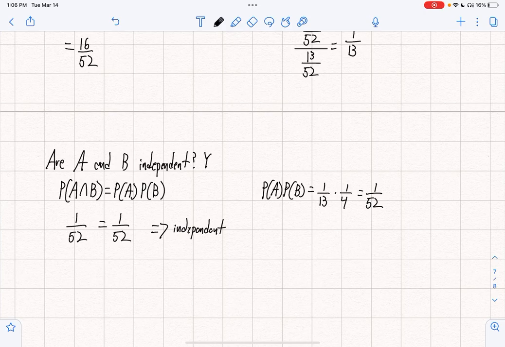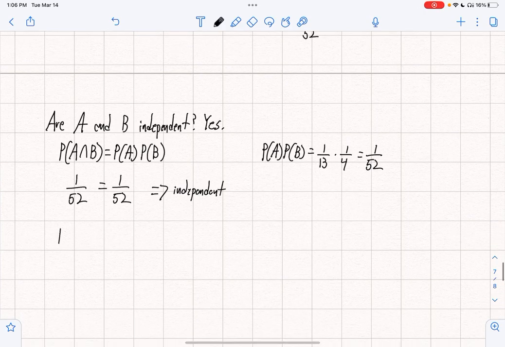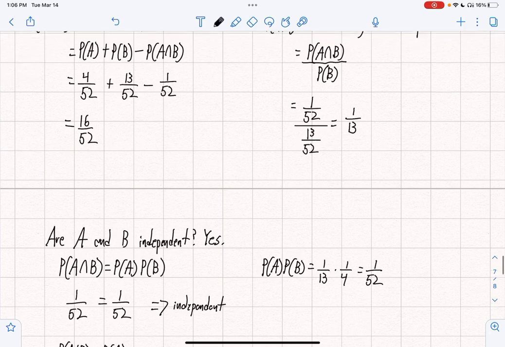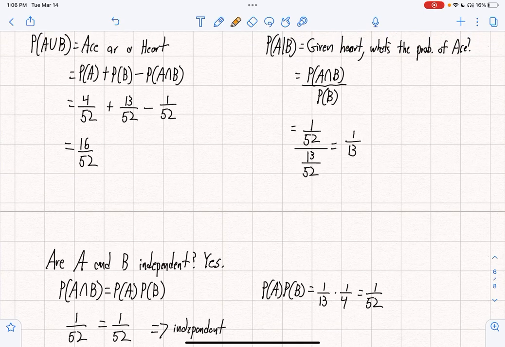So I'll write yes. But we also could have used our other method, which is that the probability of A given B is equal to the probability of A. And let's just compare. We found the probability of A given B to be 1 out of 13.